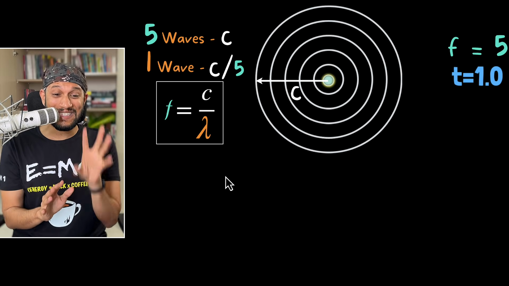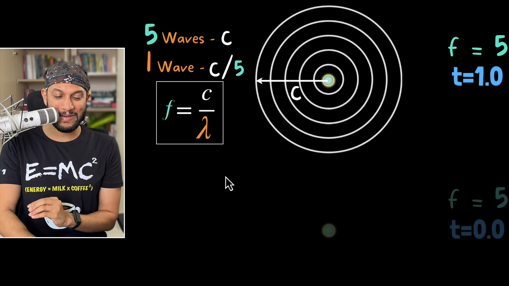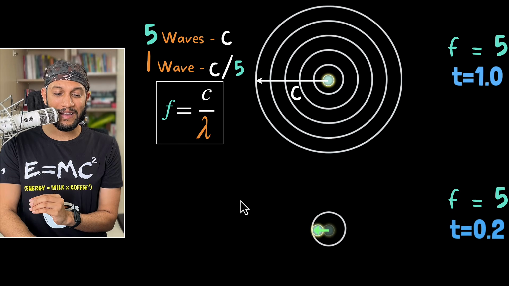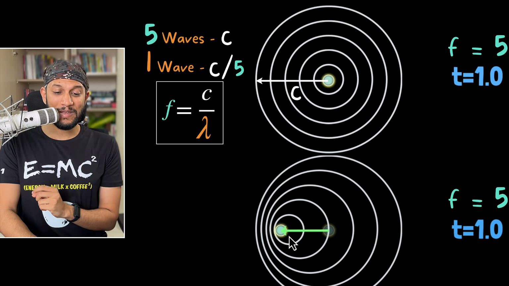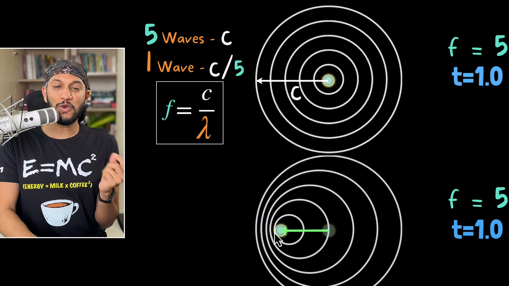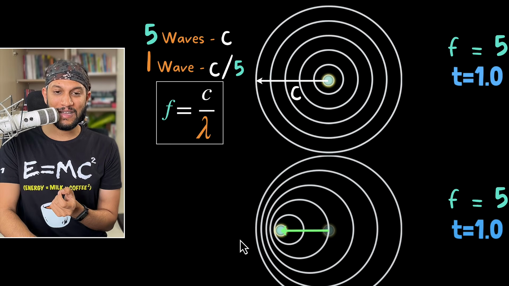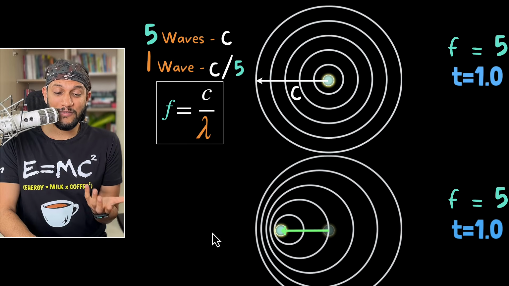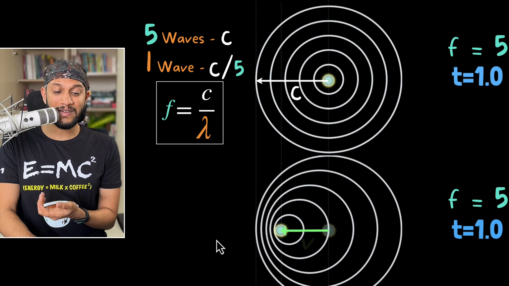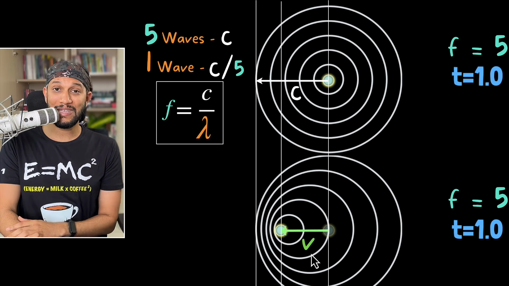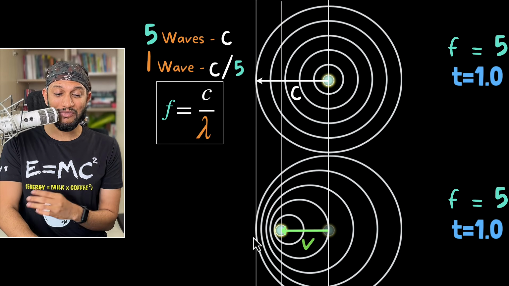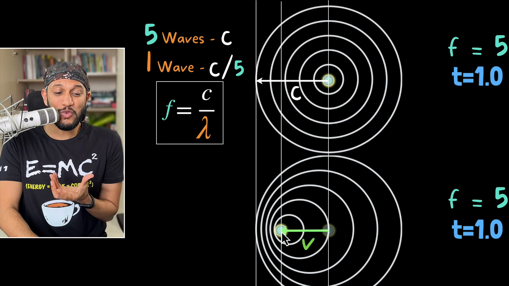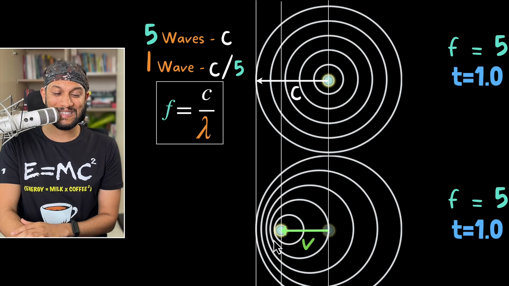Now let's do the exact same thing for a moving atom. All right, now for the moving atom, because the atom is moving, in 1 second, it also has moved some distance towards the left. If it's moving towards the left with some speed v, then in 1 second, the distance it would have traveled is v. And now here's the key thing. This means that these 5 waves on the front are squeezed in this small distance.